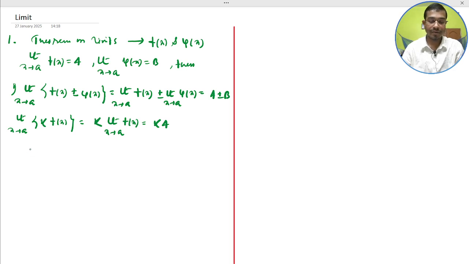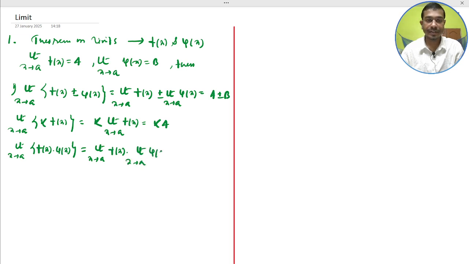Next one, the product: limit x tends to a of f(x) into phi(x) is equal to limit x tends to a f(x) into limit x tends to a phi(x), that is equal to ab.